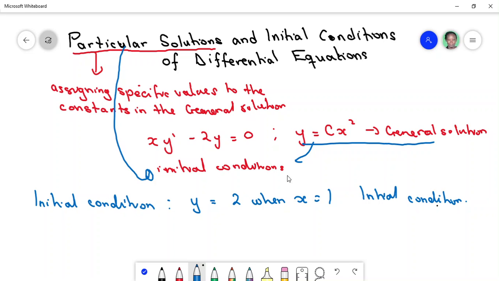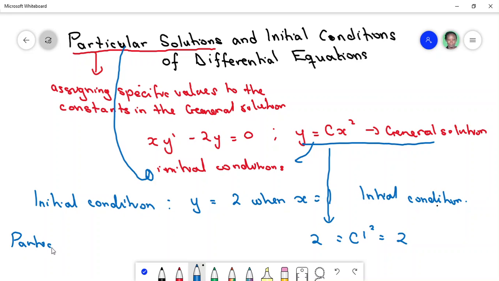So I have y here, which is 2. I have c times 1 squared. So what do you realize? You realize that my c here is equal to 2.